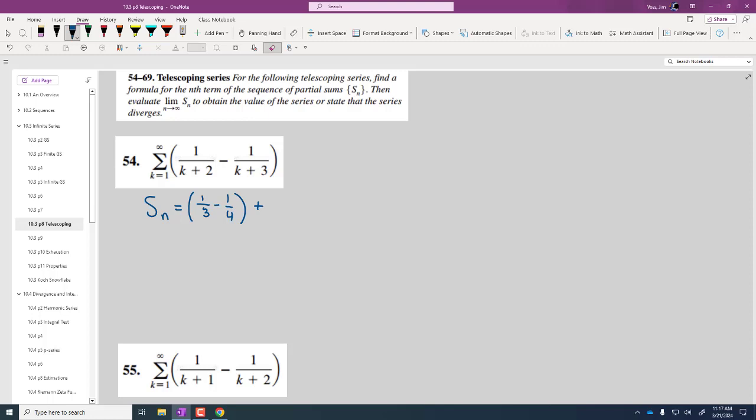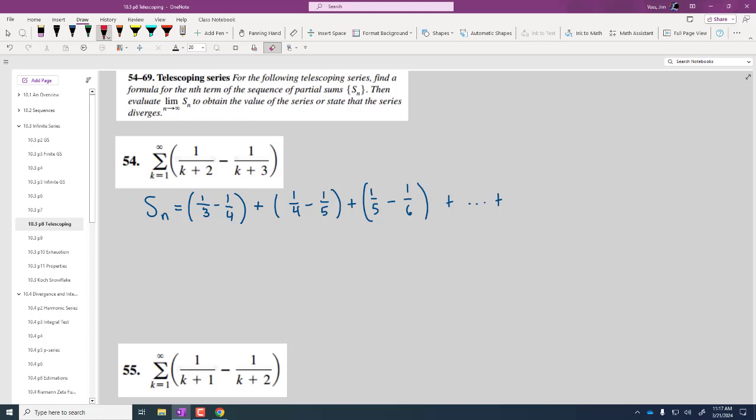The second term, now we plug in a 2, and we get a fourth minus a fifth. And then we get a fifth minus a sixth. For most of these, writing out the first three terms is enough. Then we're going to put some dots, and then write out the last two terms.